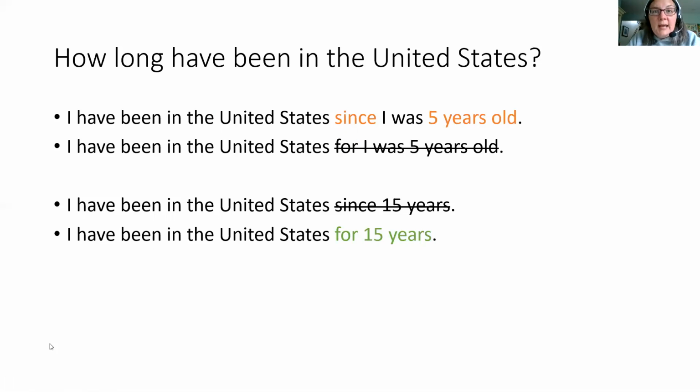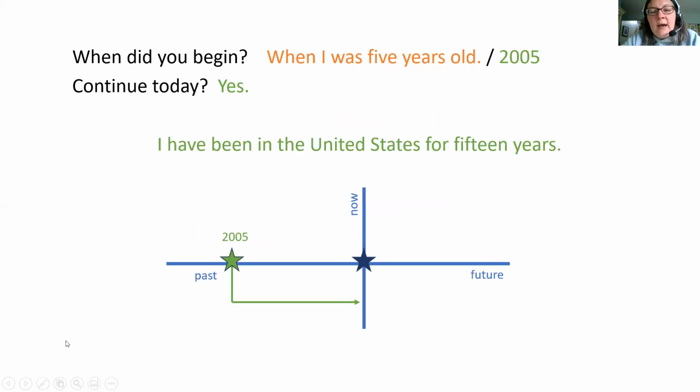We're talking about a length of time. Good. So here is our chart. It's the same chart that we saw in the beginning, but rather than mark 2005 as 5 years old, I've now marked it with the year 2005 and the year, of course, that is right now is 2020. So we could say, I have been in the United States for 15 years.